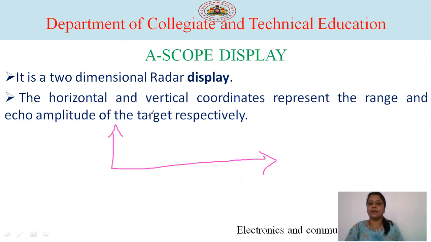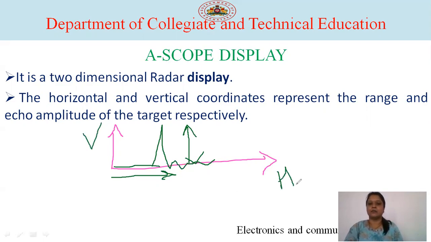Suppose here we have some form of blip. The horizontal distance in the horizontal plane represents the distance, and the vertical represents the amplitude of the echo signal. This is the horizontal plane and this is the vertical plane.